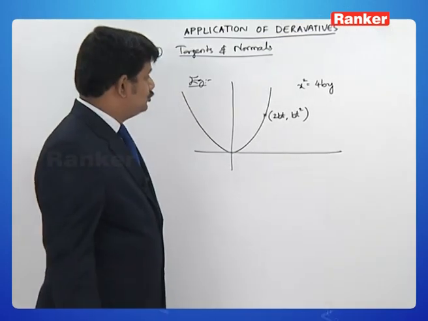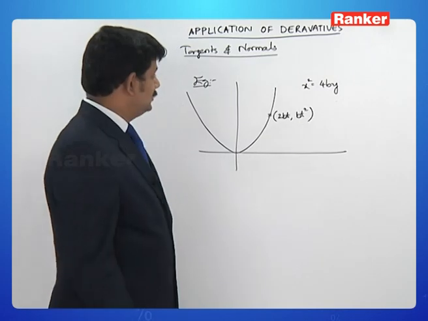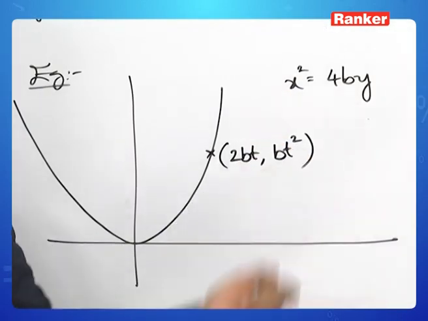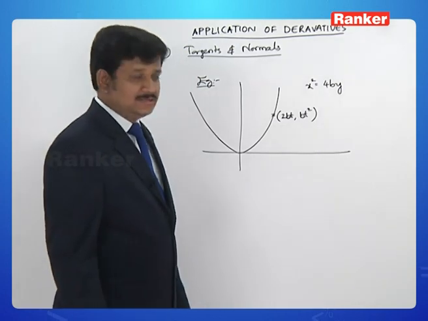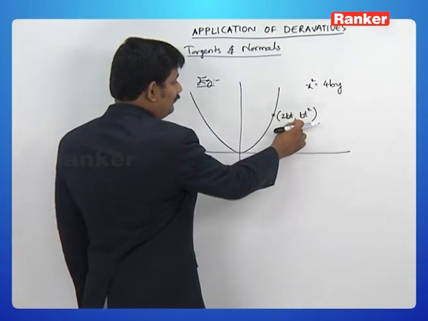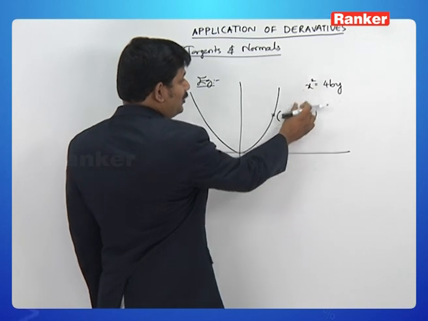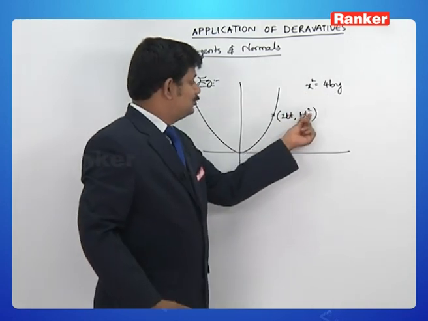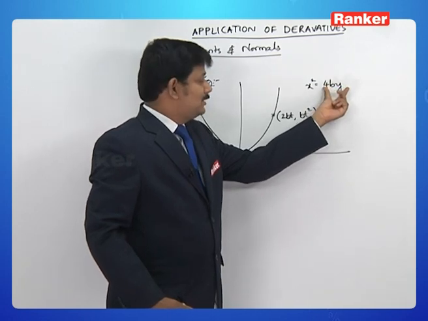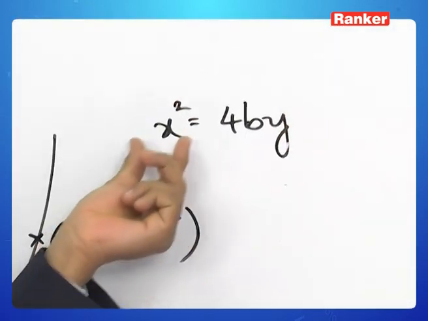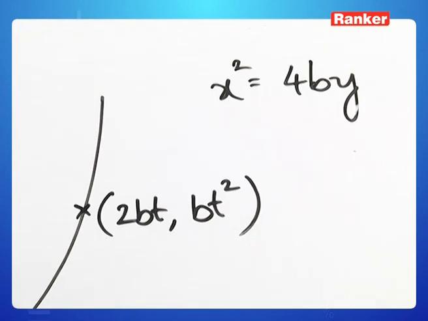At the point (2bt, bt square) on the curve x square is equal to 4by, I am asked to find equation of the tangent. Now, we can see for all values of t, this point satisfies this curve. Let me substitute bt square here in place of y. It is 4b square t square in the right hand side, and 2bt here, 4b square t square in the left hand side.